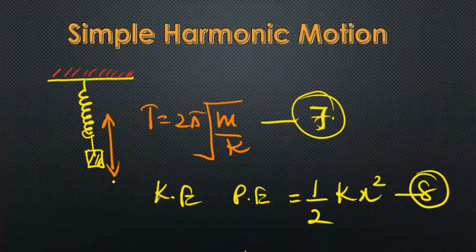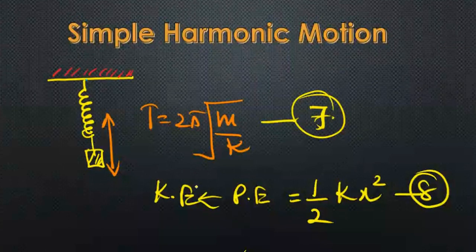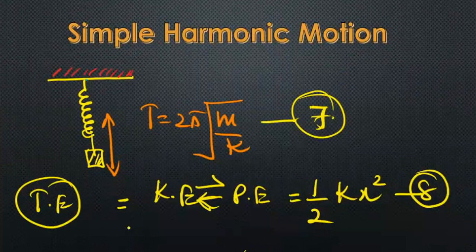At the middle of the motion the energy is all kinetic, and at the extreme end the energy is all potential. But we should know the total energy is always constant. These are the basic equations we have in simple harmonic motion.